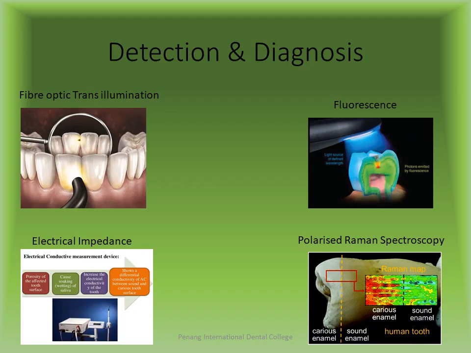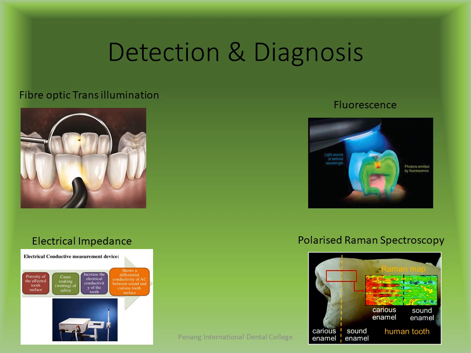Okay. So coming to the detection and the diagnosis, I'm sure you have heard of all of these before. Fiber optic transillumination is nothing but creating a very strong beam of light and projecting it onto the tooth surface, and this helps you to diagnose early carious lesions, especially interproximal caries.